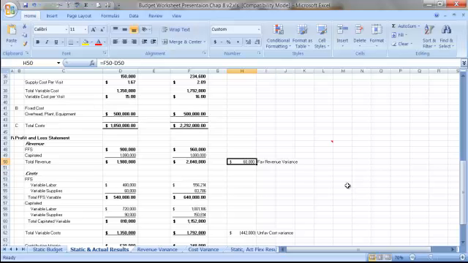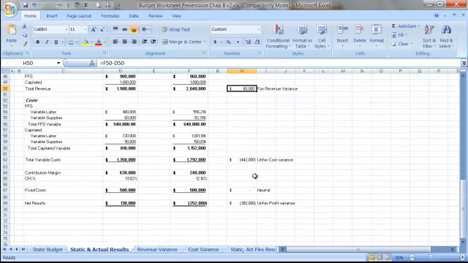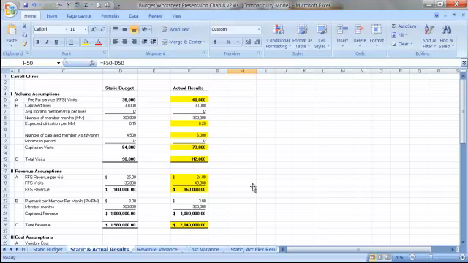Now that's interesting because we saw that big loss on the bottom, so you might think, well, they just didn't have enough revenue. Well, you could see that we actually had more revenue than we projected. Let's take a quick look. I would say it is most likely because of our fee-for-service dollar, we had more visits in our fee-for-service.